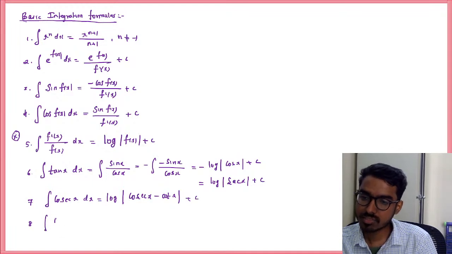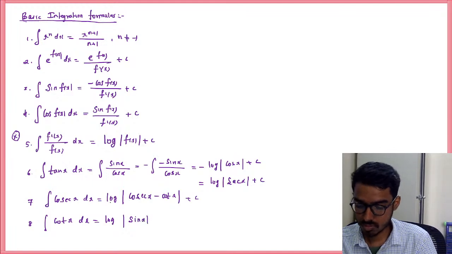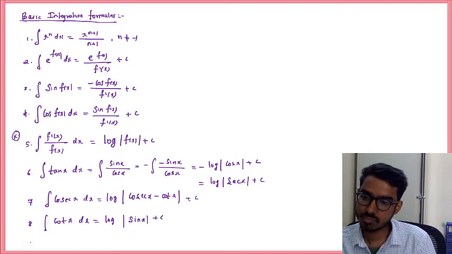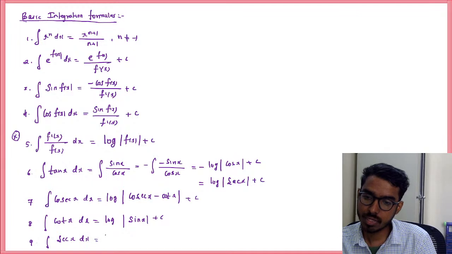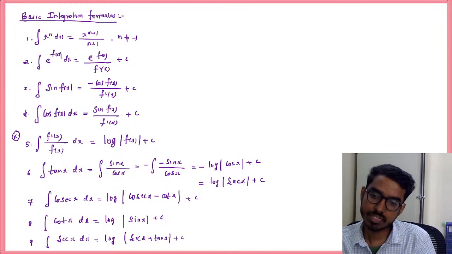Integration of cot x dx will be log mod sin x plus c. Integration of secant x dx will be log mod secant x plus tan x plus c.